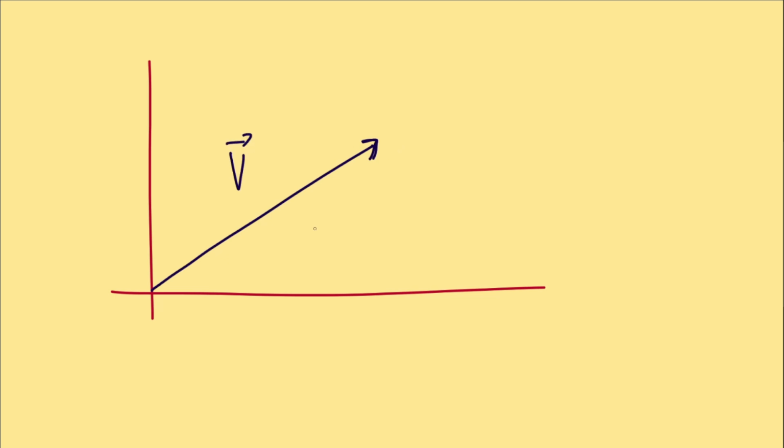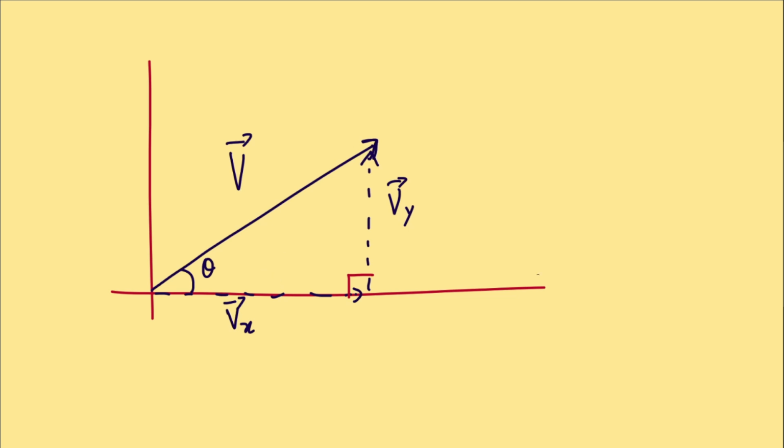Vector v is broken down into two components. We have the y part, so we'll call this vy, and the x part, which we'll call vx. You can imagine this as a right angle triangle, which means that to find this vector's magnitude and direction, we can use trigonometry.